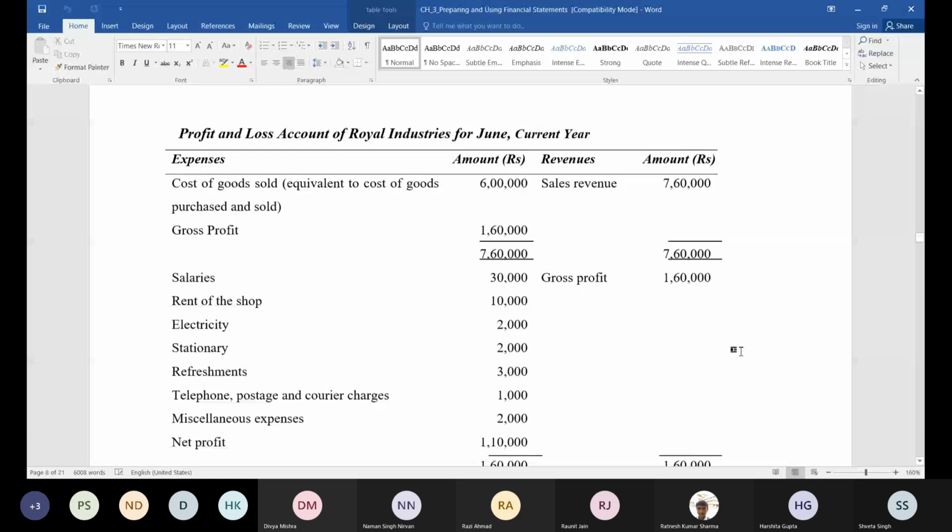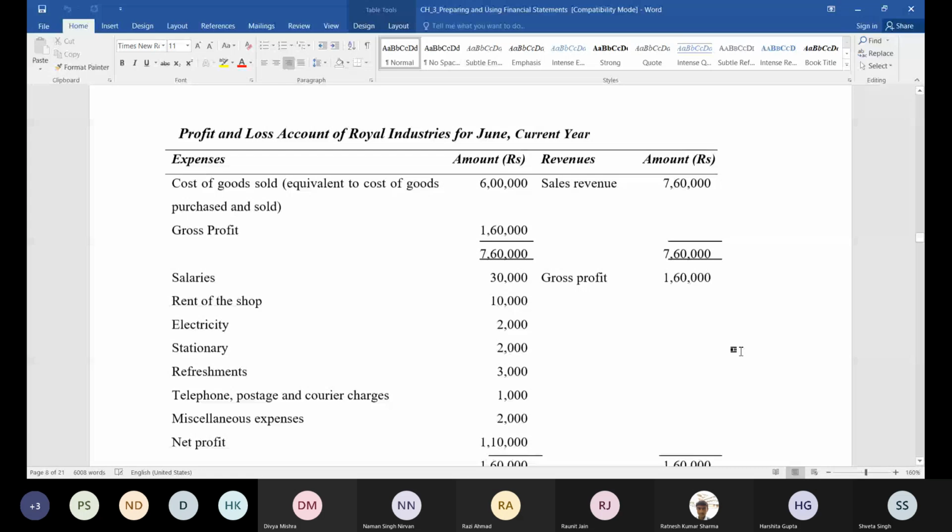And in case you have a manufacturing concern, this will take care of all your direct manufacturing cost. Basically if you're making a car, then all the direct labor that goes into making the car, all the material, all the overheads that go into making the car, that is what is shown here, the actual cost of making your product. That is called cost of goods sold.